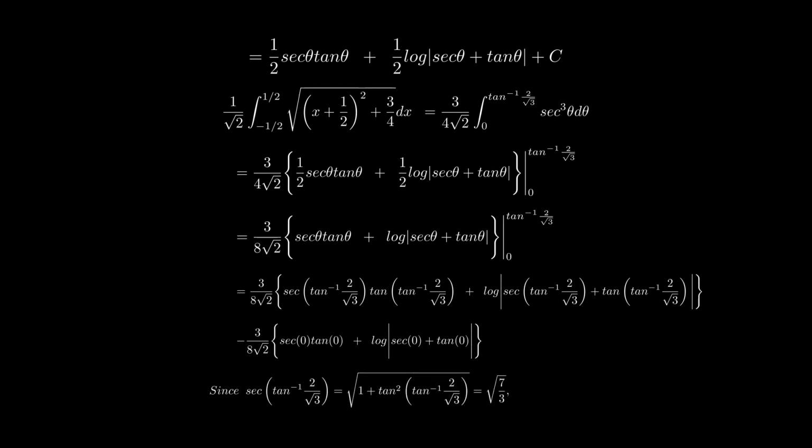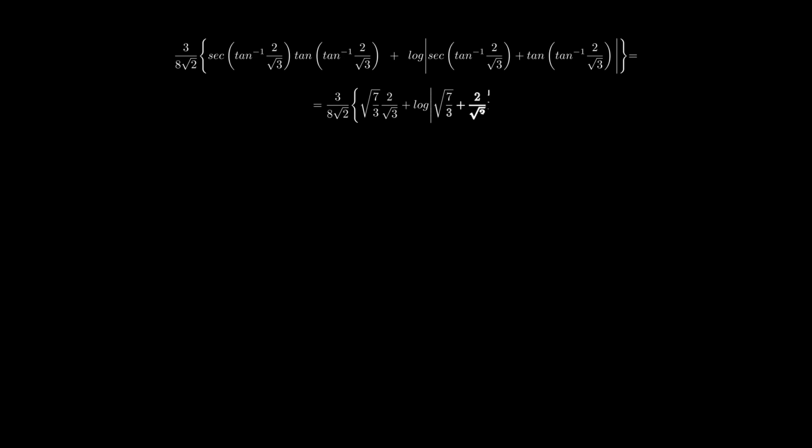So if we substitute square root of 7 over 3 into the previous equation, we get 3 over 8 root 2 times square root of 7 over 3 times 2 over root 3, because tan of arctangent of 2 over root 3 just results into 2 over square root of 3, and then log of root of 7 over 3 plus 2 over root 3.